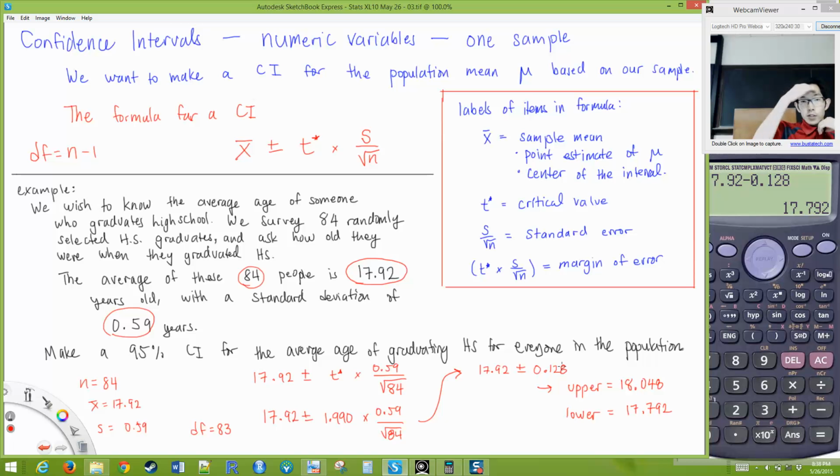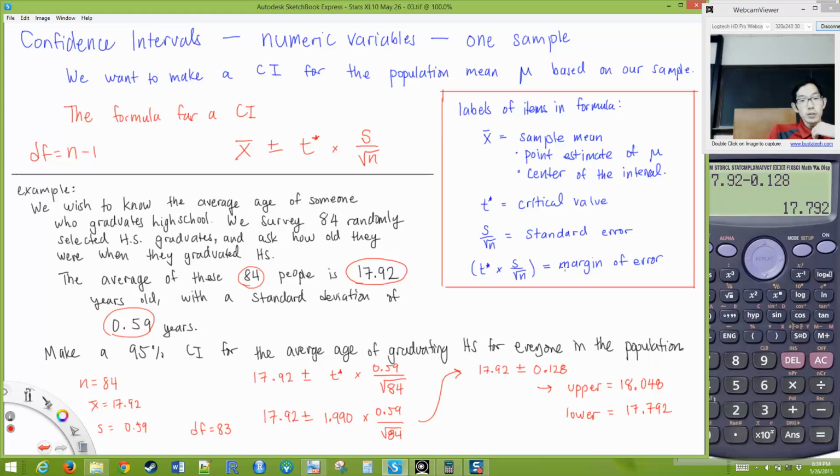Okay, if I asked you, what is the center of the interval? Your answer would be 17.92. The center of the interval is x bar, so you would know that the center of the interval is 17.92. Or if I said, what's the point estimate of mu? 17.92.